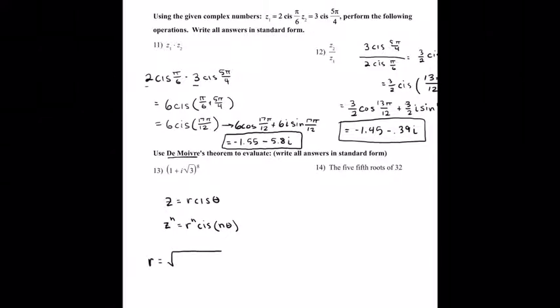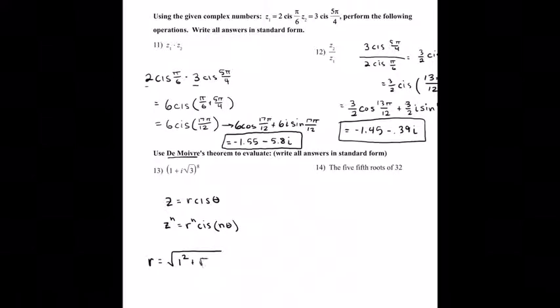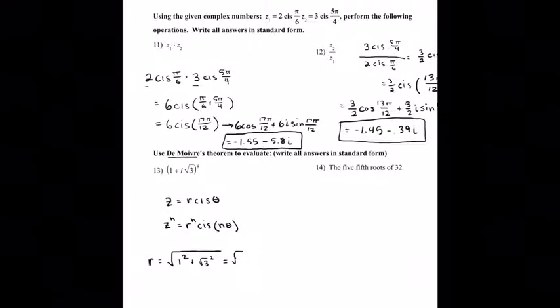So the value of r, using the Pythagorean theorem, is kind of like finding the magnitude of a vector back in section 4.3. So 1 squared is 1, square root of 3 squared is 3, 1 plus 3 is 4, so square root of 4 is 2.